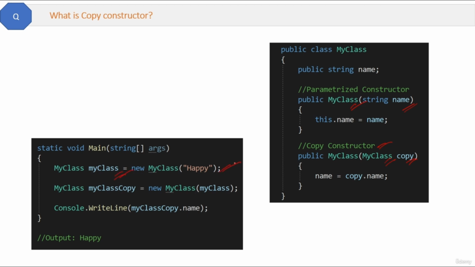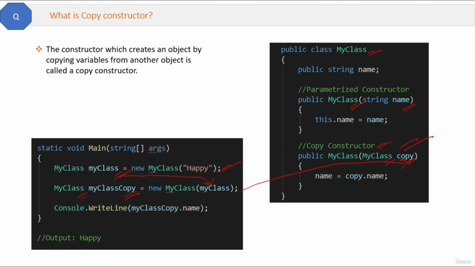Then you can pass this object of myClass as a parameter while creating the next object of the same class. And the second constructor above in myClass, which is the copy constructor, will accept this object as a parameter. So the definition is the constructor which creates an object by copying variables from another object is called a copy constructor. It is very rarely used, but yes, this is the concept.